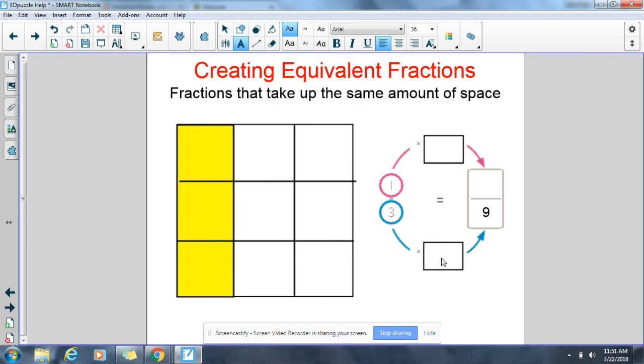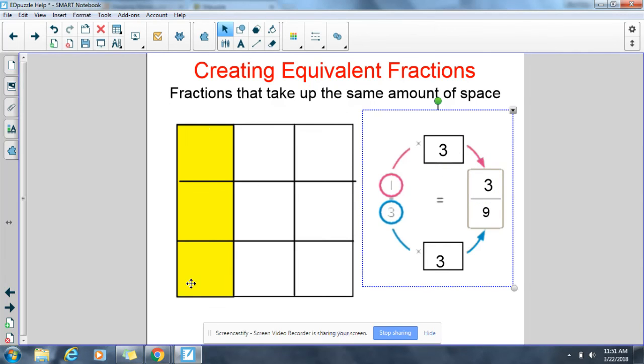Yep, because 3 times 3 would be 9. And again, like we said, whatever you do to the bottom, you're going to do to the top. So how many yellow pieces do you have now? Yeah, you've got 3. Again, you didn't change how much you colored in. You just broke your pieces into smaller parts. Notice the whole's still the same size as well.